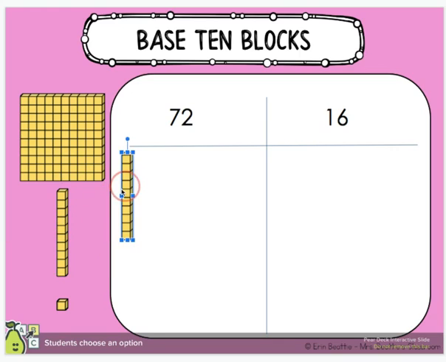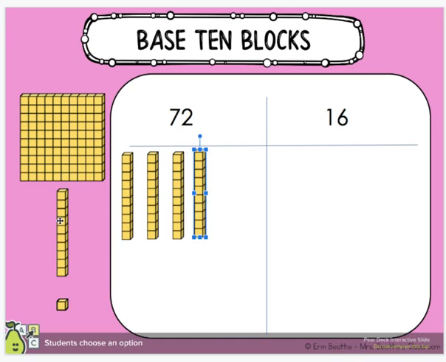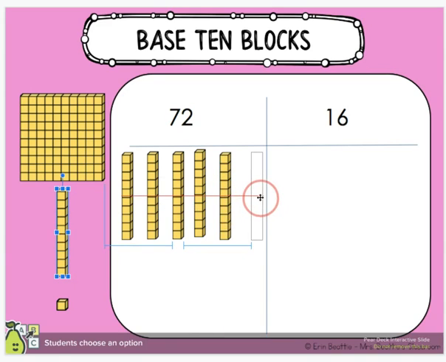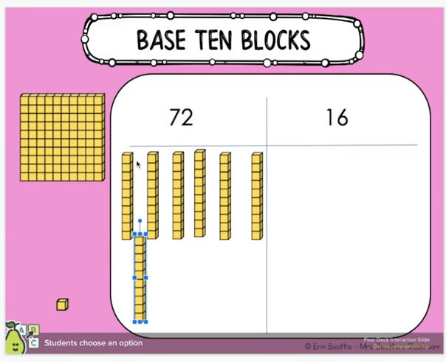So I'm going to put in 7 tens. 1, 2, 3, 4, 5, 6, 7. I like counting them out loud to make sure that I have the right number. And then you can even check 1, 2, 3, 4, 5, 6, 7. And then 1, 2. So that represents 72.